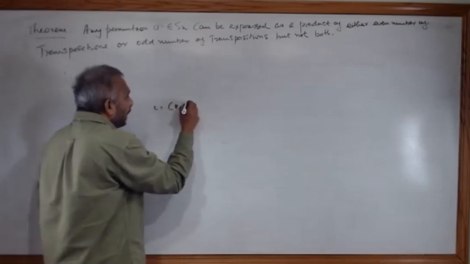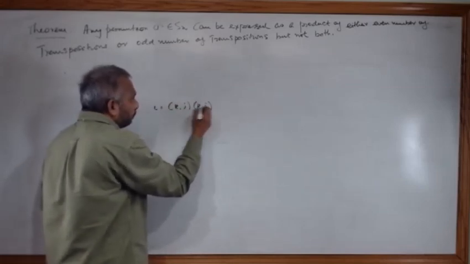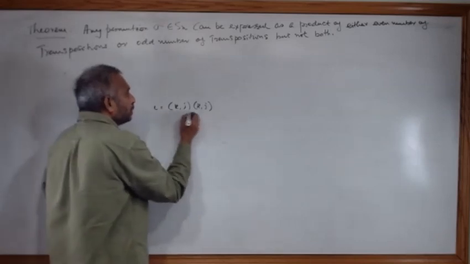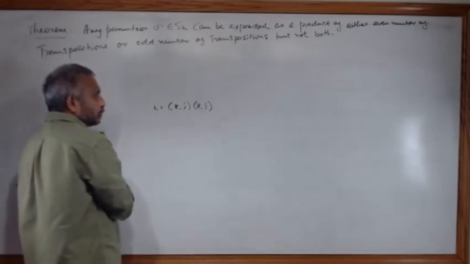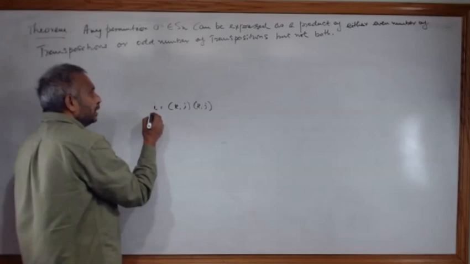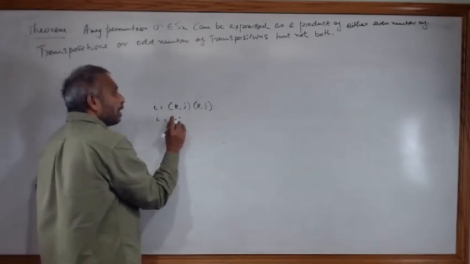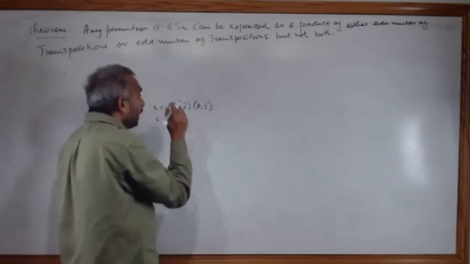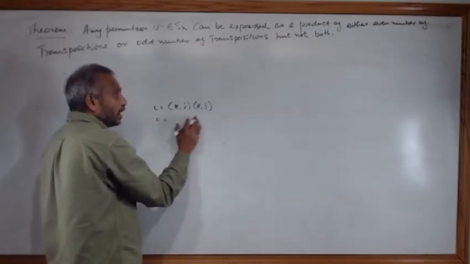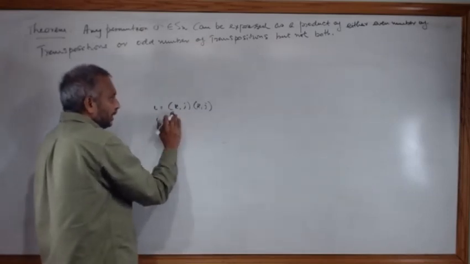So there are two transpositions here. Then you cannot express I as a product of 3 or 5 transpositions, or an odd number of transpositions. This is not unique.